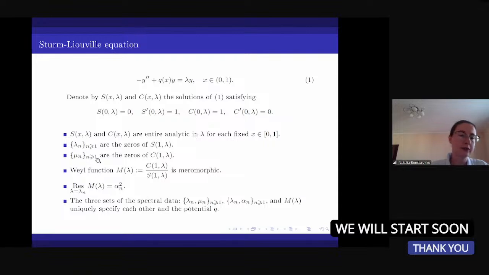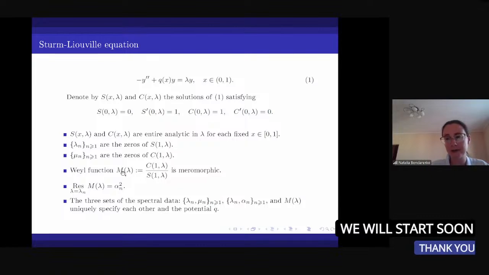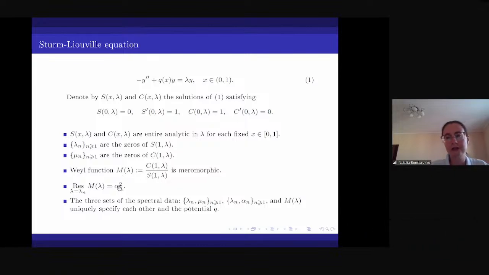On the opposite, if we have two spectra, we can construct these entire functions and find the Weyl function. And also, if we know one spectrum and norming constants, we can construct the Weyl function.